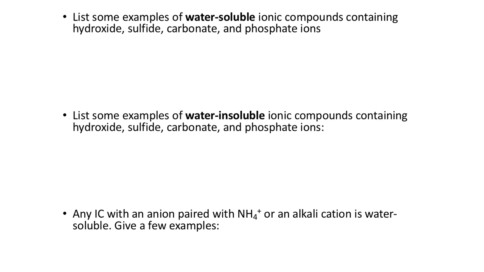KI is soluble, Pb(NO3)2 is soluble, but what about lead iodide? That's insoluble, so we're forming lead iodide. This looks like PbI2 being formed in the solution here. If we wait long enough, it's going to precipitate out of the solution. We're going to have a solid at the bottom of the test tube that we could then filter off.